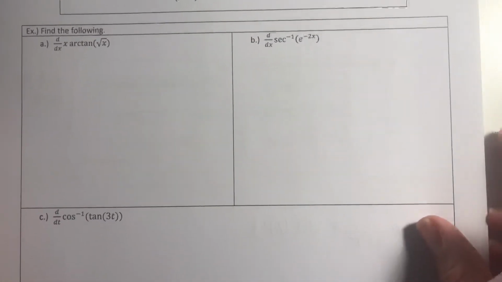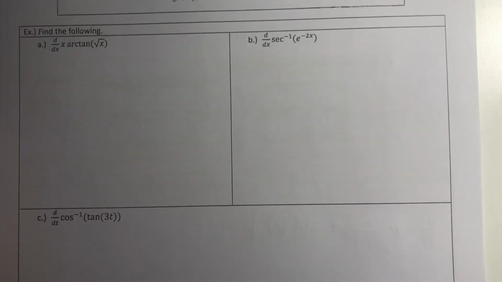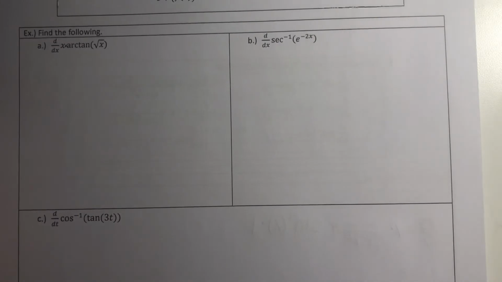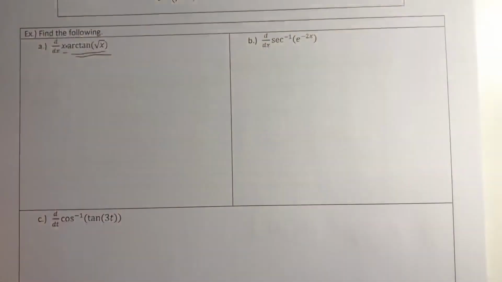And then we have some examples, so we're going to go ahead and try the first one here. Take the derivative with respect to x of x times arc tan of square root of x. So again, because we're multiplying two things that involve an x, we are going to go ahead and use that product rule.